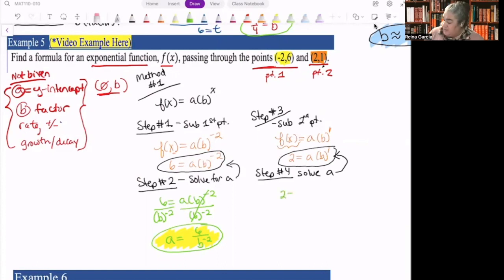And that means that 2 equals a times b to the 1. Oh, no, wait, I'm sorry. My mistake. I'm probably confusing you guys right now because I read that point wrong. Let's fix that.